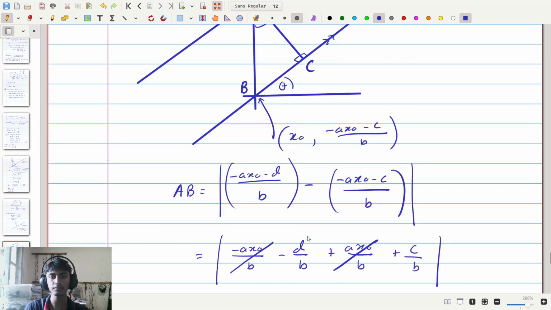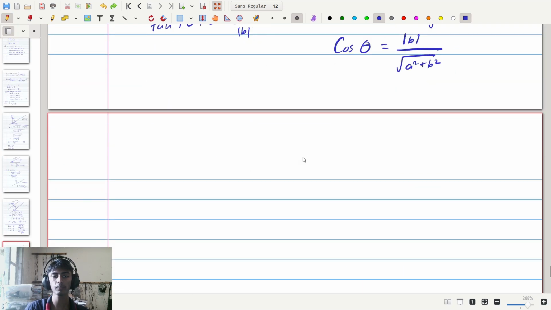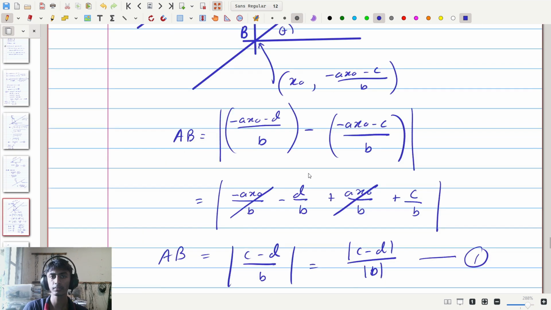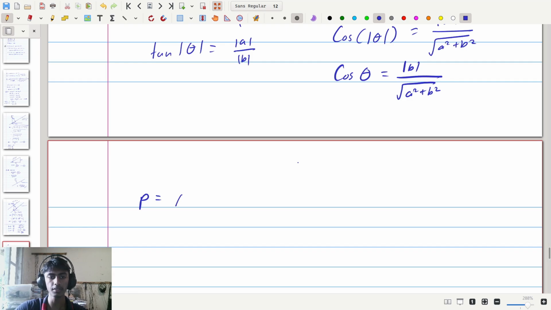Now then, for this length here, which I'm going to label p, we know it is going to be this length AB times cosine of theta. So therefore, we can write that P, or AC, is equal to the length AB times the cosine of theta.